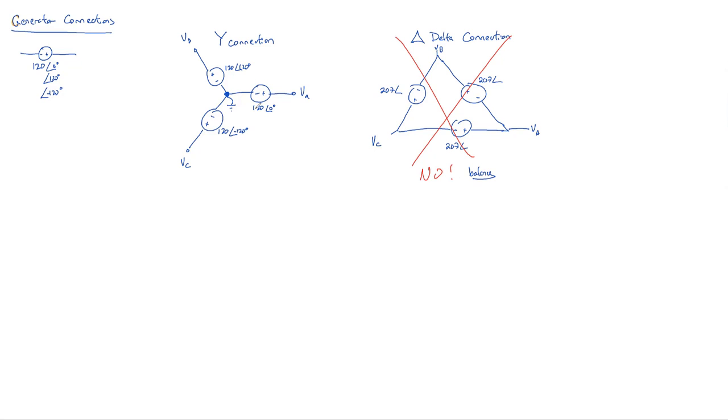For a delta connection, if these 3 voltages aren't exactly 207, or if the angles are not exactly at 120 degree multiples of each other, then there'll be a net positive or net negative sum of voltages around this loop, which KVL says can't exist, and you'll end up having infinite current flow.